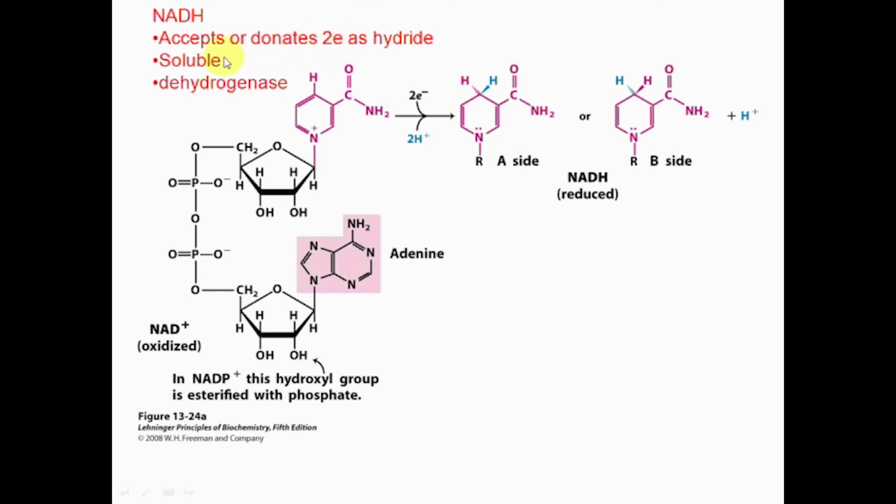It is soluble, and enzymes that use NADH are called dehydrogenases. Remember, dehydrogen, you're removing 2 hydrogens, and electrons will always follow.